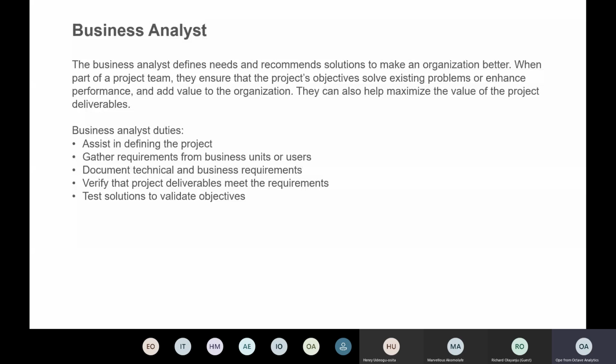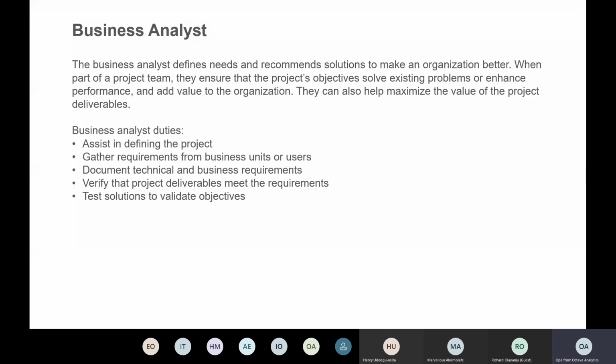They also help in drawing up use cases or solutions to test solutions to validate objectives, to say, oh, okay, my client is having a challenge of knowing who their customers are, for example, and you draw up a scenario that, okay, customers who buy our products and transact often, or churn, or are buying our products.